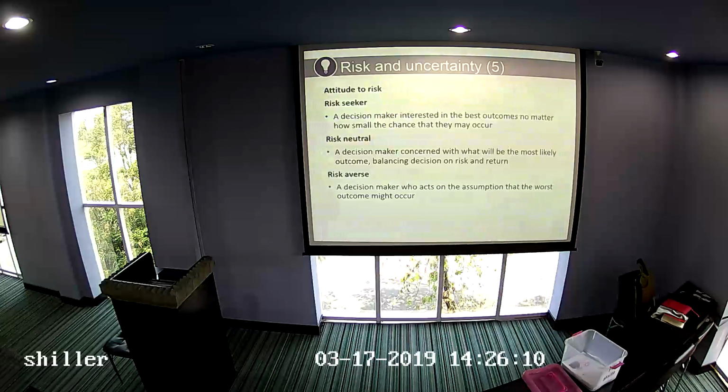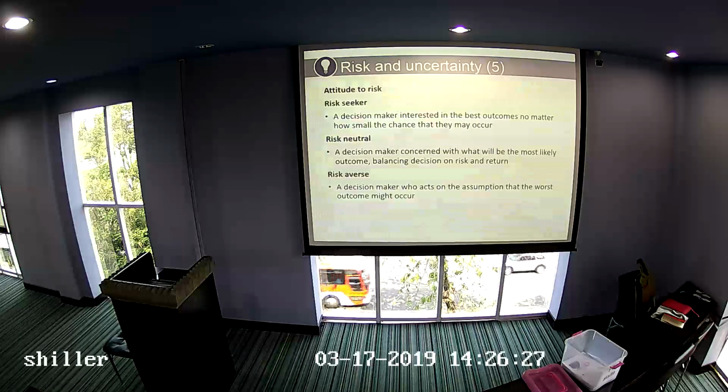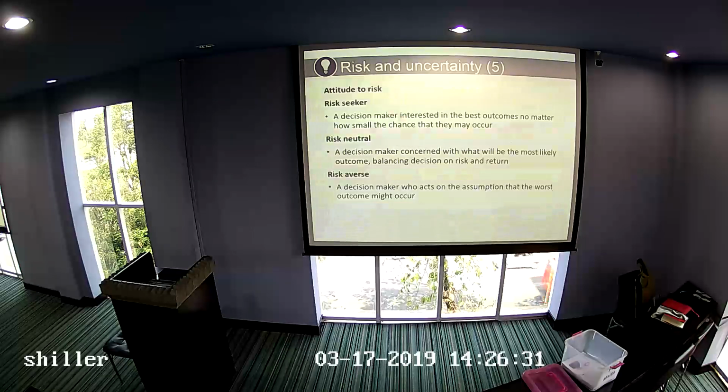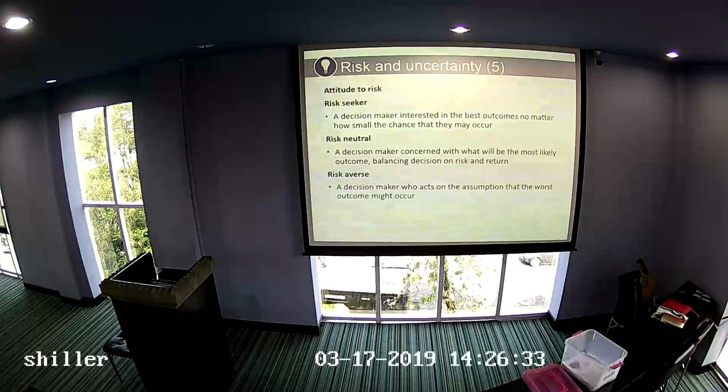A risk taker, as a decision maker, is always interested in the best outcome. He will always choose the best possible outcome, even if the chance of it occurring is small. A risk neutral will most likely make a balanced decision, depending on risk and returns.